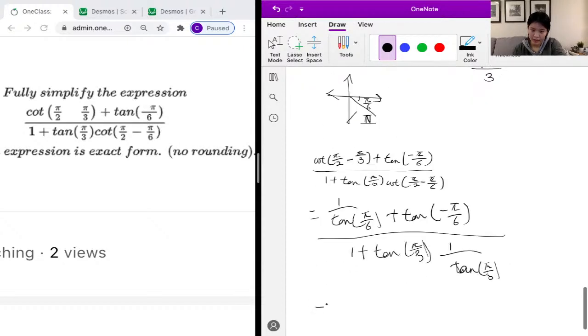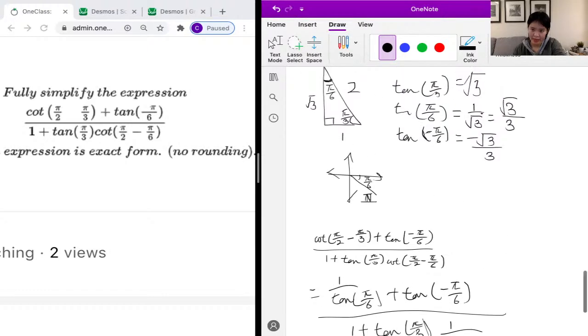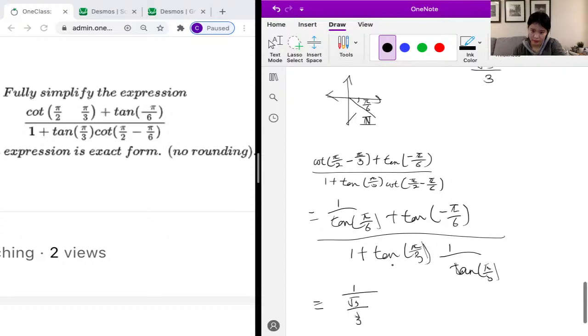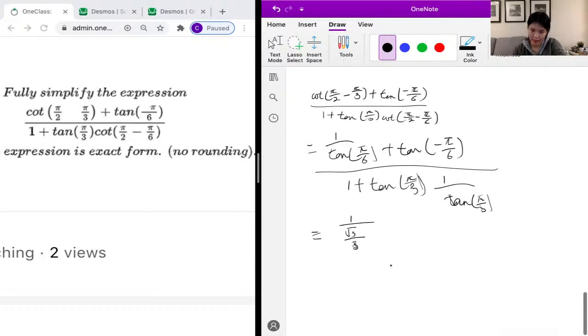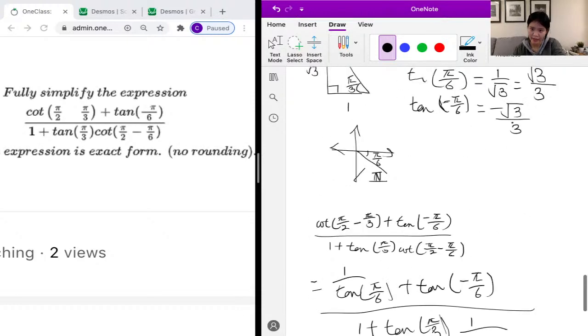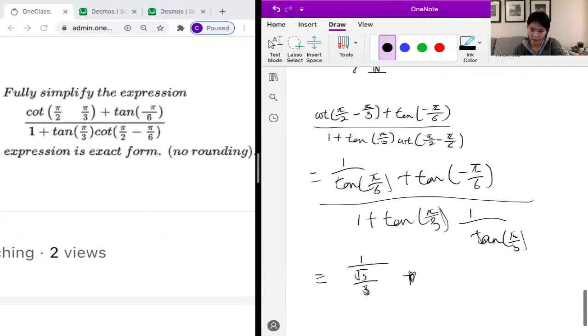So here on the numerator, we have 1 over the tangent of pi over 6, and tangent of pi over 6 is root 3 over 3, so it's 3 over root 3. Then on the numerator we have plus tangent of negative pi over 6, which is negative root 3 over 3.